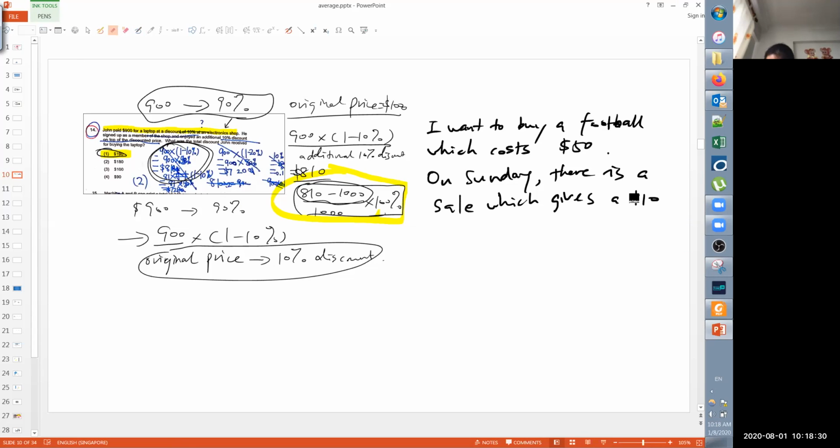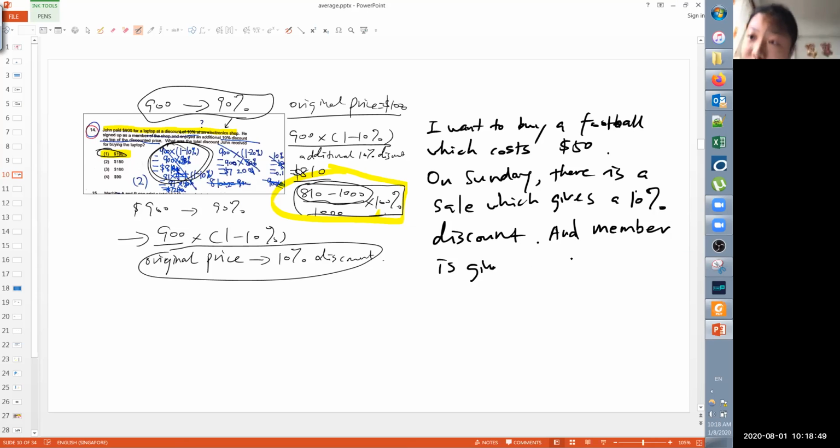And a member is given an additional 10% discount.